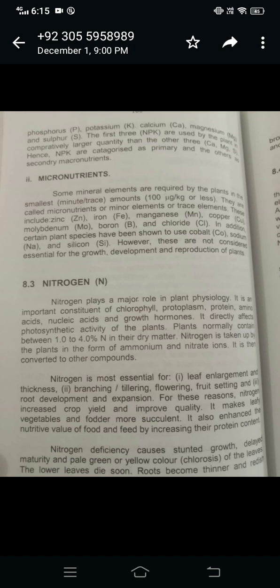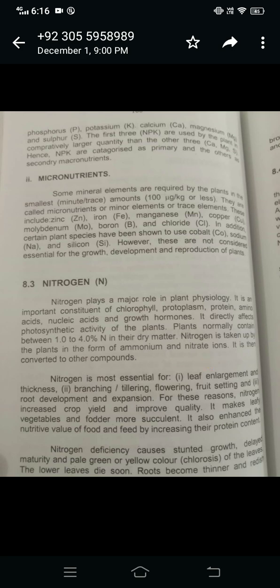Micronutrients. Some mineral elements are required by the plants in the smallest amount. They are called micronutrients or minor elements or trace elements. These include zinc, iron, manganese, copper, molybdenum, boron, chloride.